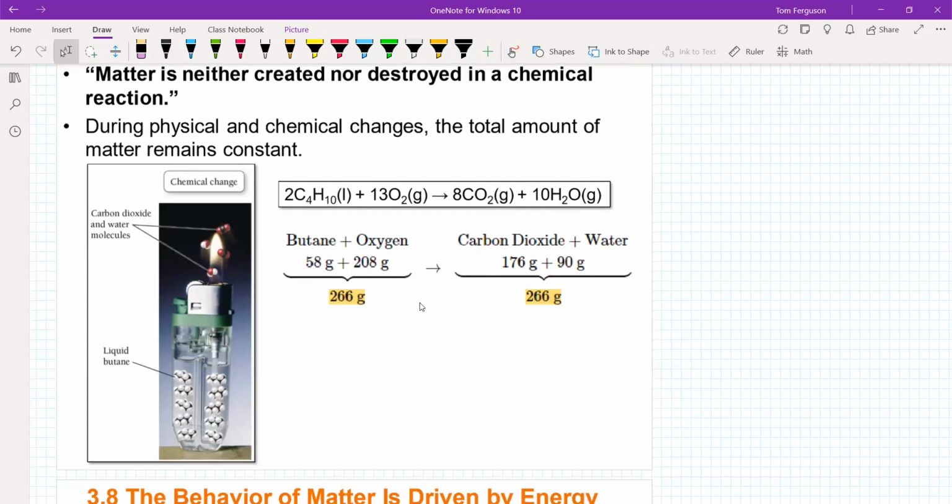Now, unless we're looking at nuclear chemistry, if we start with 100 grams of reactants and they produce a product, all the products are also going to be 100. If not, we have a big explosion.